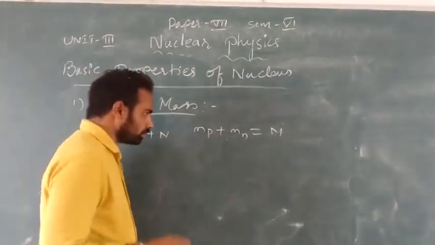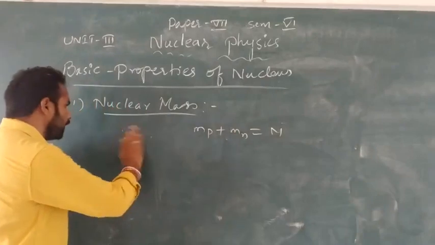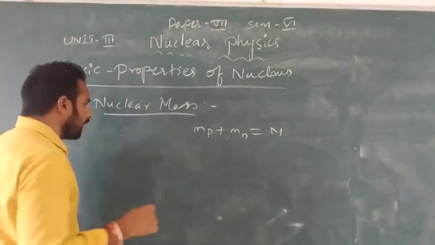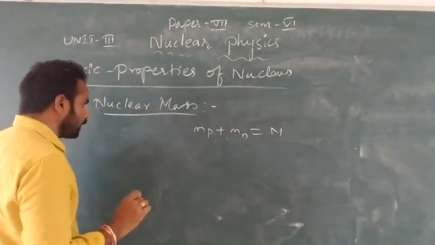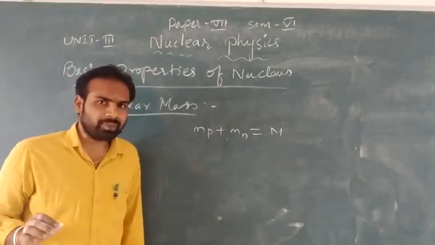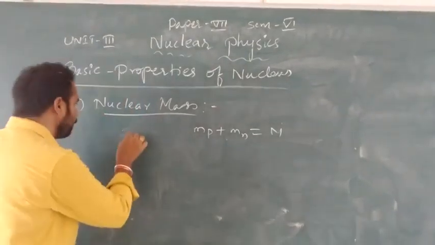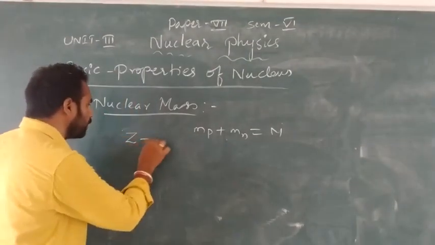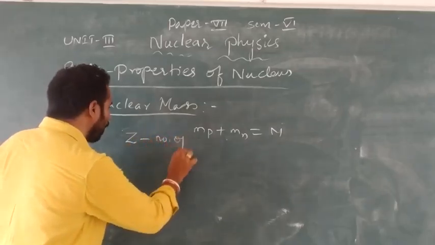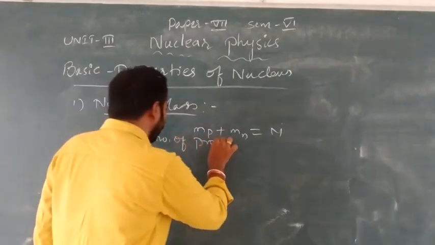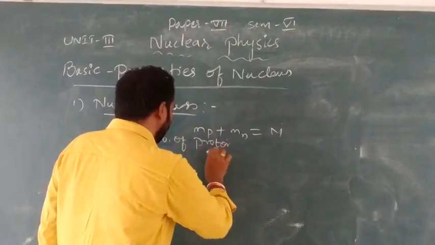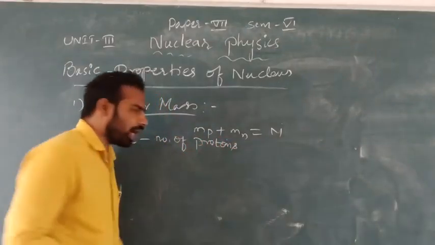Now the question is here. In general, the number of protons in the atom is the atomic number, represented by Z. Z gives the number of protons in an atom. These are the basic things we have to remember.